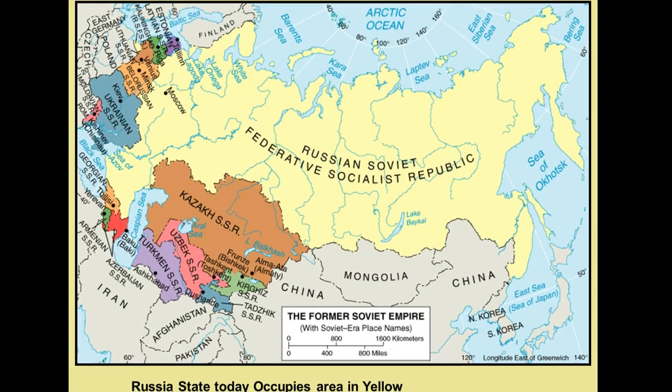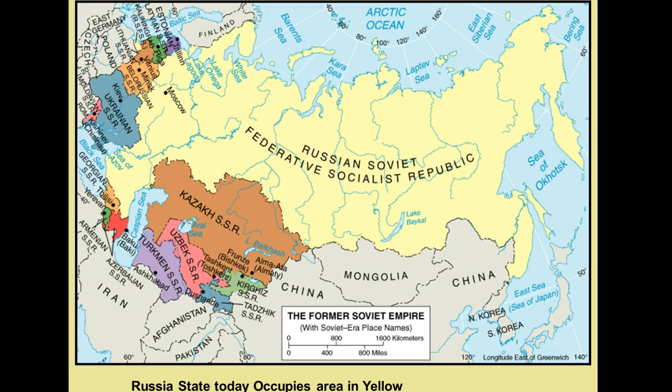Okay, the boundaries of Russia obviously have changed significantly. We see a number of states indicated in colors on the western and southern periphery of the map that are former Soviet socialist republics. So all of these colored areas indicated were formerly part of the Soviet Empire, the Soviet Union, and today they have broken off into independent states.